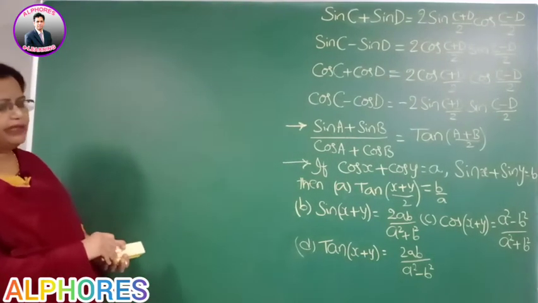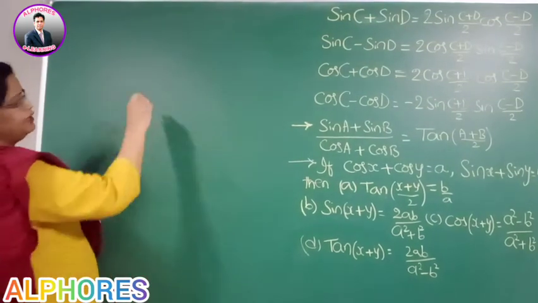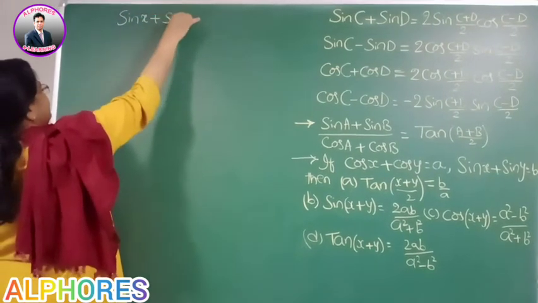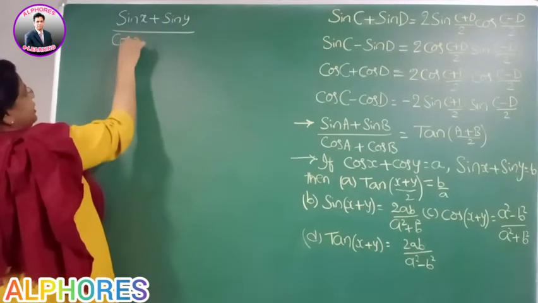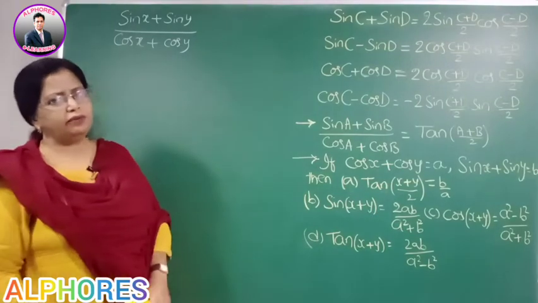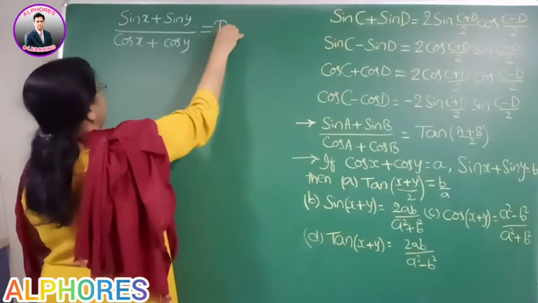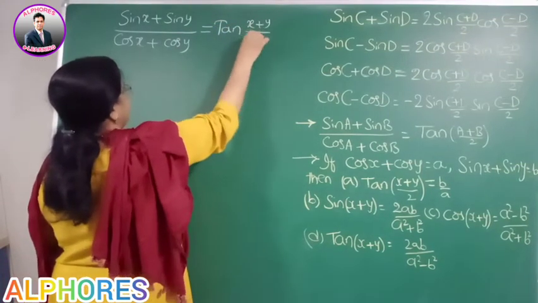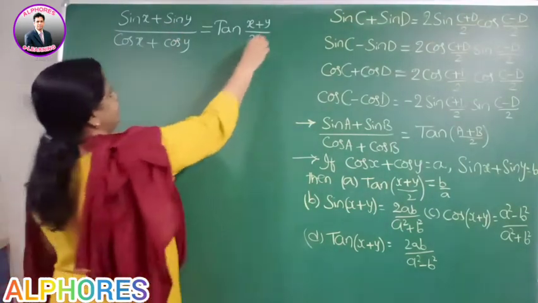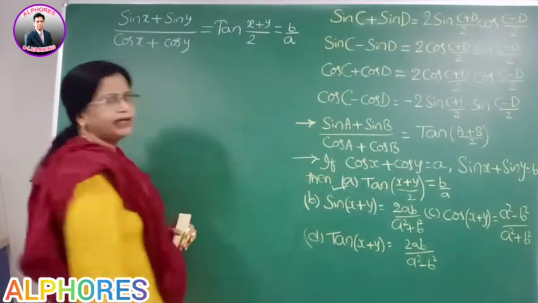The first one is tan (x plus y)/2, and for tan (x plus y)/2 we have taken sin x plus sin y divided by the denominator cos x plus cos y. Okay, then we applied the formula, that is nothing but tan of (x plus y)/2. So if I write this value, it is tan (x plus y)/2. Just from the above we have observed, and by the data this is B divided by A. Therefore this answer is how much here? B by A. Hence option A is the right option.